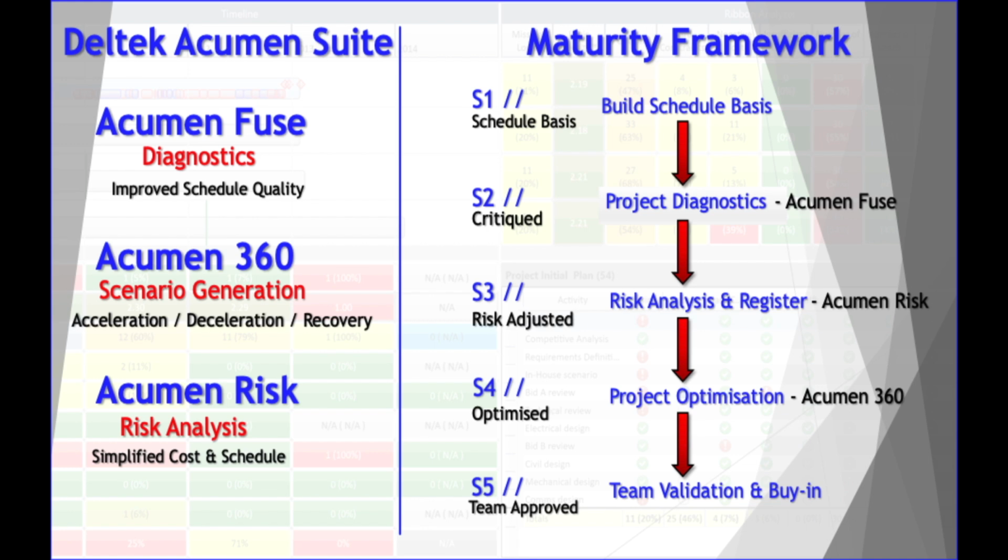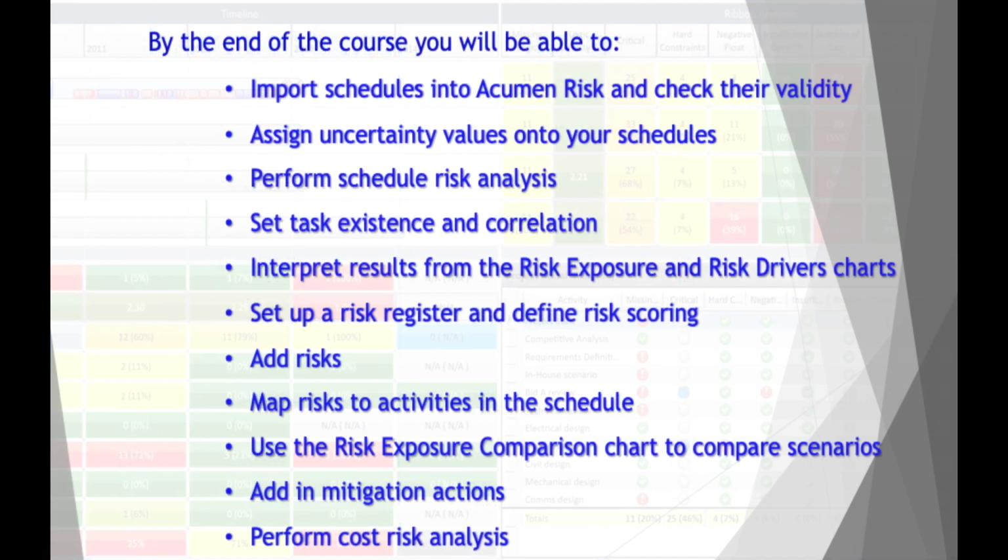The objectives of this course cover a step-by-step approach to learn Acumen Risk. So by the end of the course, you will be able to import schedules into Acumen Risk and check their validity. Assign uncertainty values into your schedules. Perform schedule risk analysis. Set task existence and correlation.